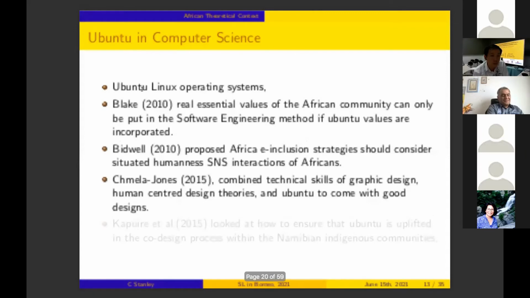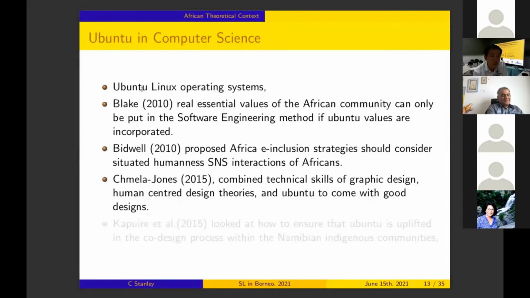Now, quickly on Ubuntu in computer science, I think we have seen the popular concept of the Ubuntu Linux operating system by having it open, the concept of sharing. And also Blake mentioned that real essential values of African community can only be put in software engineering methods if Ubuntu values are incorporated.